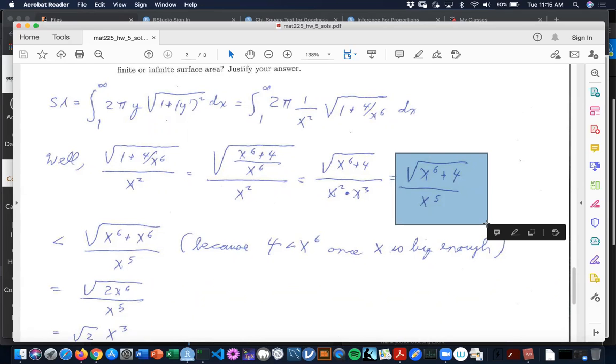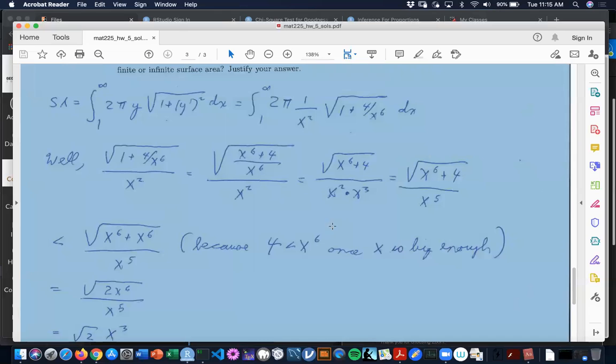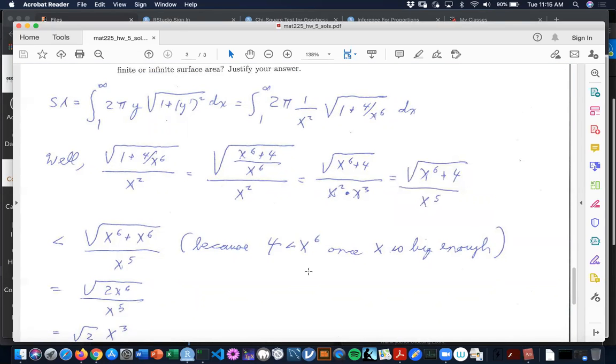Now, that looks a lot to me like basically square root of x to the 6th over x to the 5th. I just need to make sure that I get to be less than something that'll converge. So I go for a less than. I replace 4 with x to the 6th, because once x gets big enough, x to the 6th would be bigger than 4.